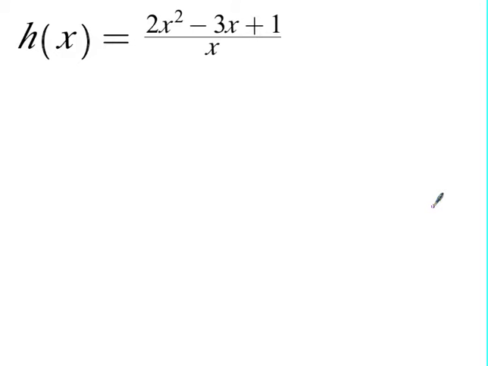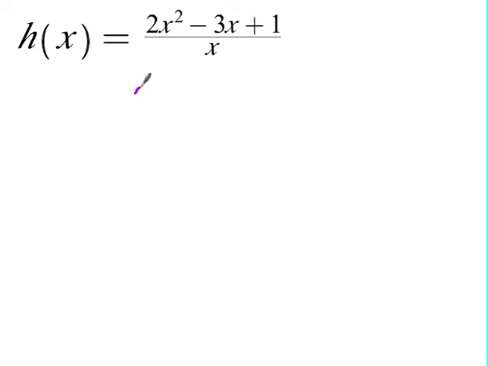All right, now the very last one we're going to look at. This is one that it doesn't matter how many times we look at it, there's always going to be somebody that forgets what to do. Now, if you remember, what did I say about variables if we're finding derivatives? They can't be where? In the denominator. So I've got to somehow figure out a way to get rid of that x in the denominator.